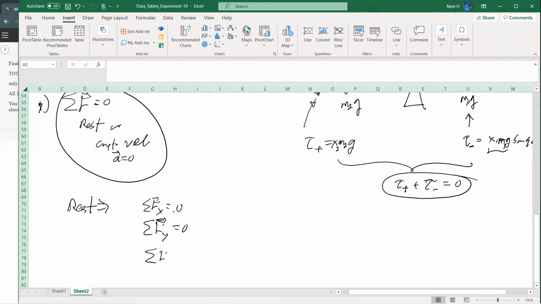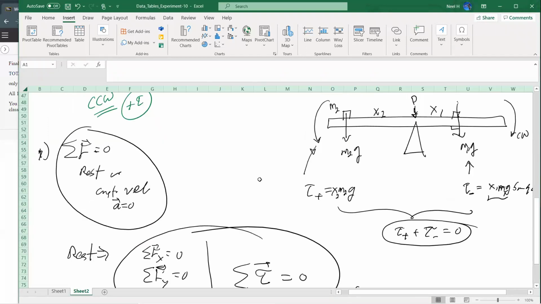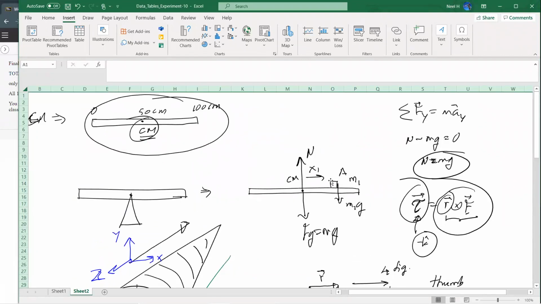All the forces along the z direction must be 0. That's not enough. You have to check that the sum of all the tau at a particular fixed point also must be 0. If all these conditions are valid, only then can you confirm the object is at rest. So all of those we will address along with this experiment. Okay. Any question?